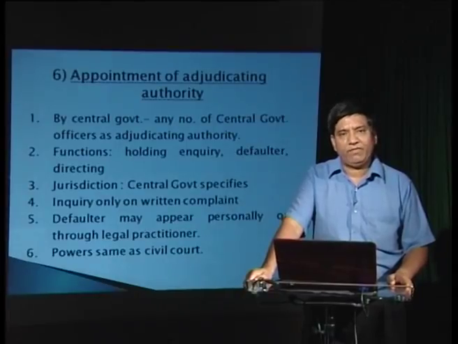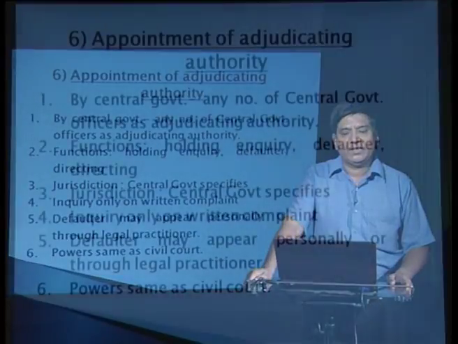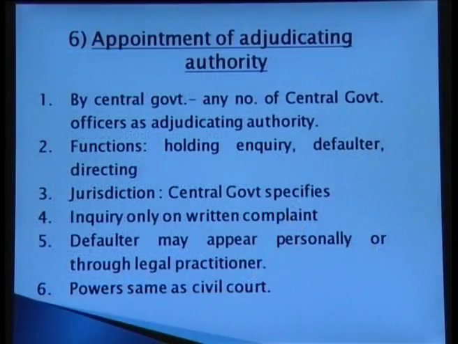The FEMA Act 2000 has provisions for the appointment of an adjudicating authority. Now, this adjudicating authority is appointed by the central government. Any number of central government officers may be appointed as adjudicating authority, because a small number of authorities will not be sufficient.